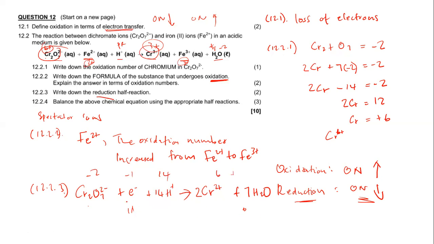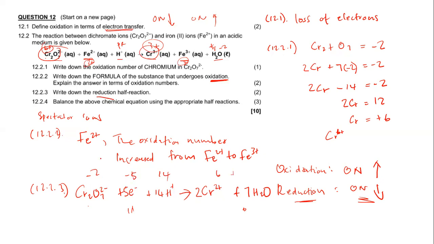The charges are not balanced. Here we have 11, there we have 6. So what are we going to do? We use the electrons. If you write 2 over here, you're going to have 2 electrons. So 11 minus 6, how much do we need? We need 5. So we need 5 electrons over here, so that 5 multiplied by negative is -5.